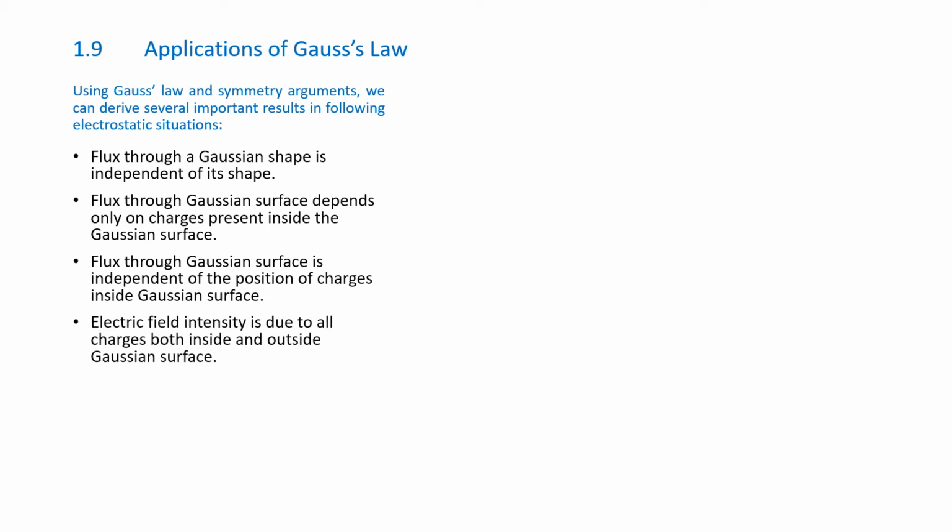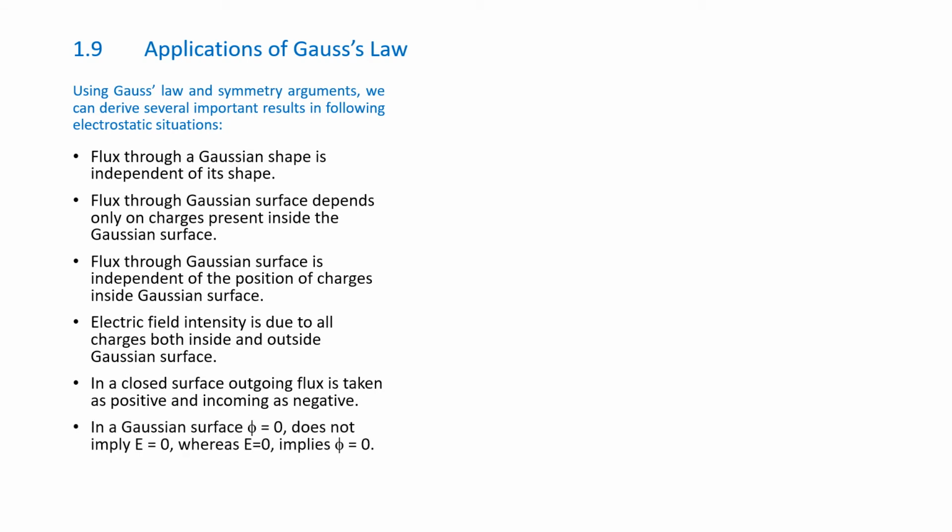Electric field intensity is due to all charges both inside and outside the Gaussian surface. This is very important. The electric field intensity surrounding the Gaussian surface is due to all charges both inside and outside. In a closed surface, outgoing flux is taken as positive and incoming flux is taken as negative. In a Gaussian surface, phi equal to 0 does not imply E is equal to 0.